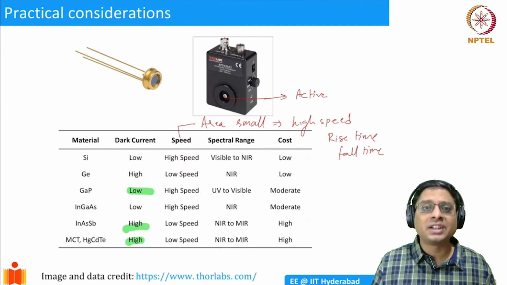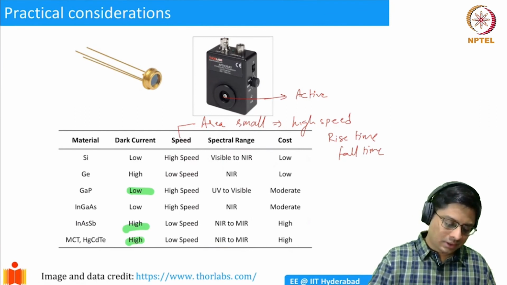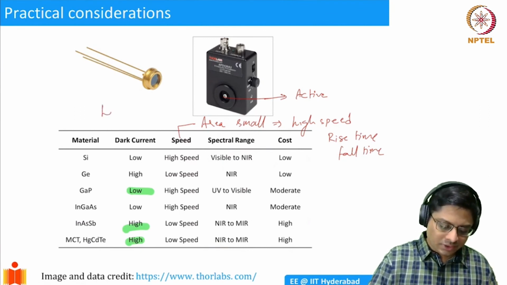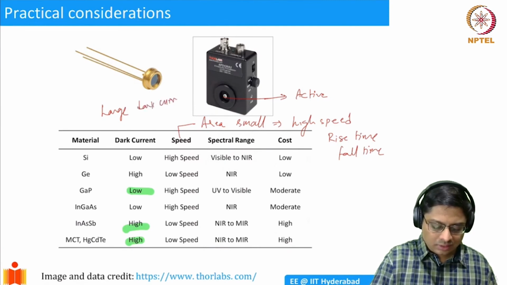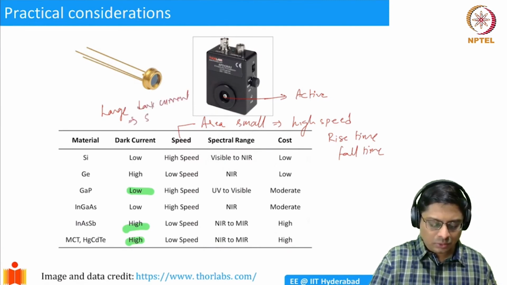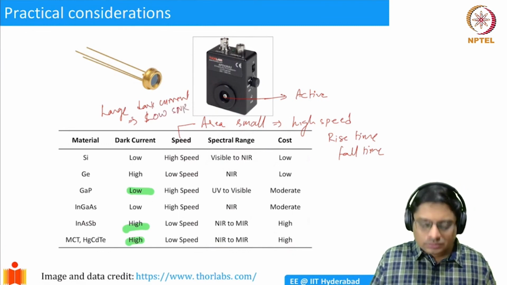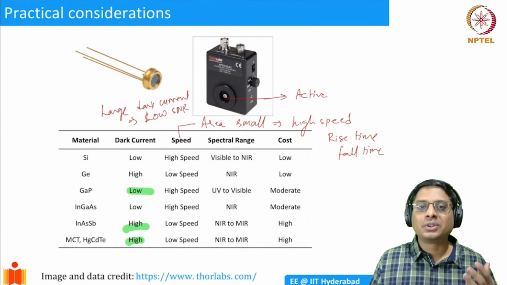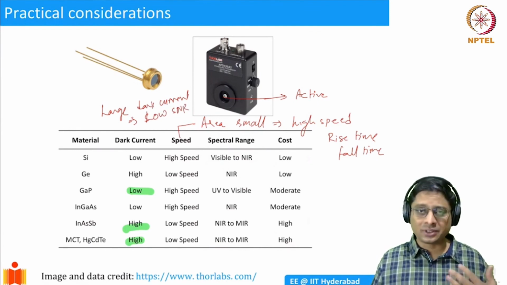So what happens if you have high dark current? Well, large dark current implies low SNR, right? And what are the limits of detectivity? How small can you detect and things like that in terms of noise equivalent power.